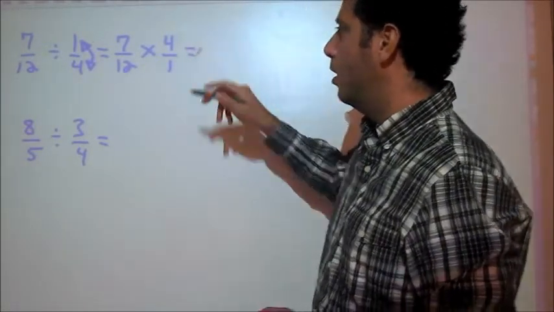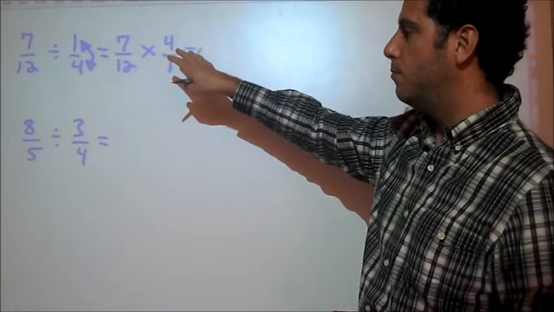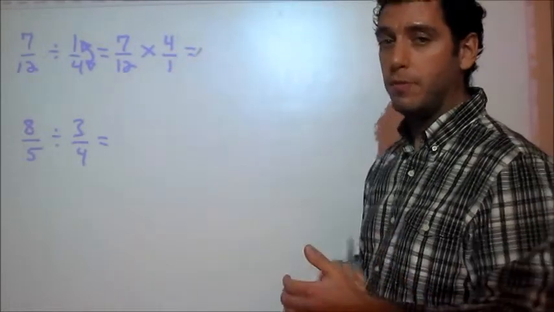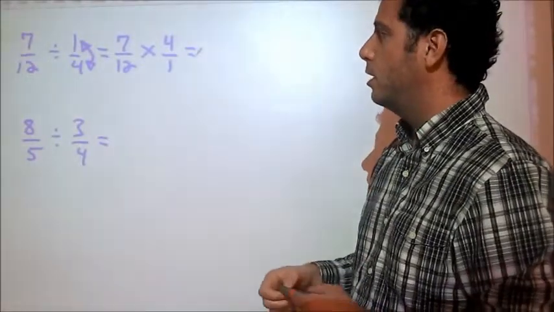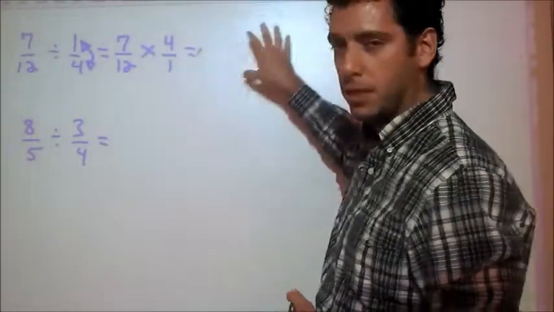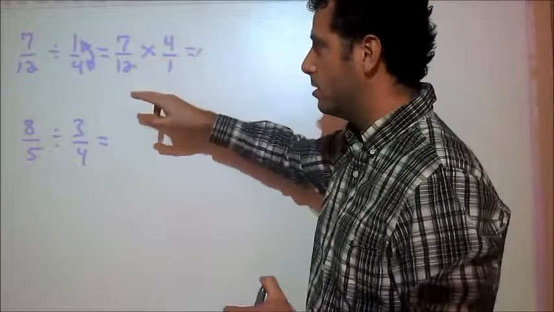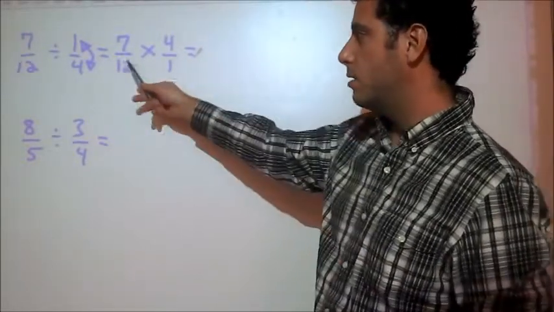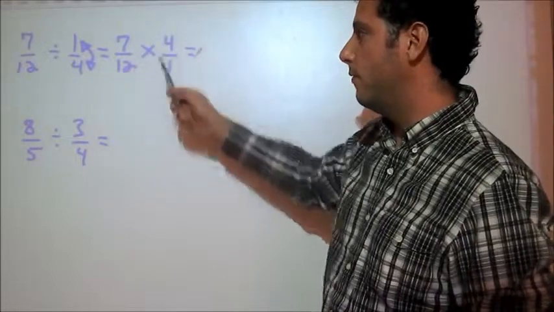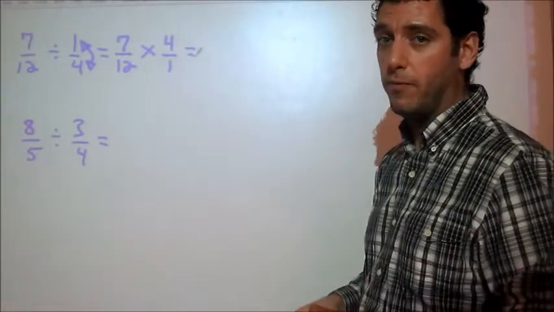Now, once you have both fractions like this, you should be fairly comfortable with multiplying fractions at this point. So you can either multiply straight across and then simplify, or simplify first and then multiply straight across. This one, I noticed there's common factors between 12 and 4. 4 is a common factor of both of those.